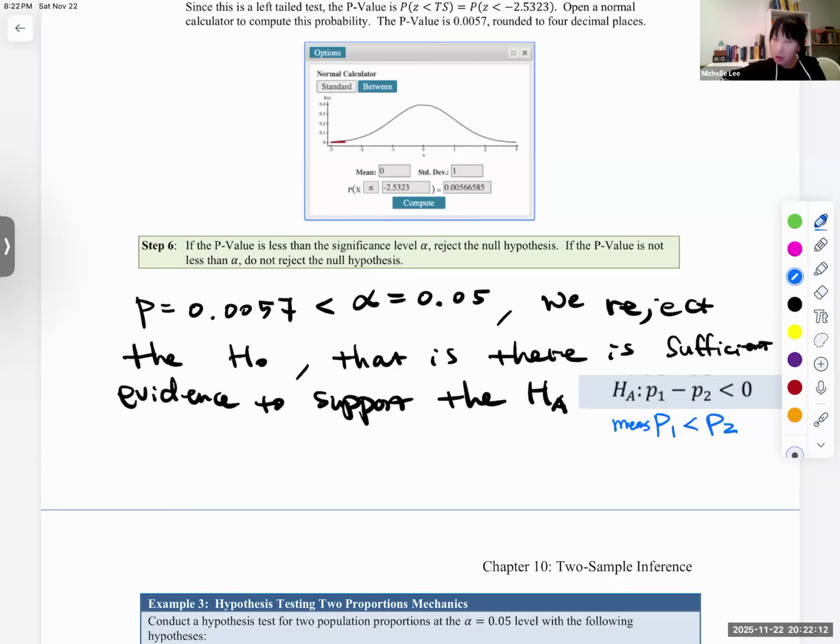That is, the population proportion 1 is lower than the population proportion number 2.